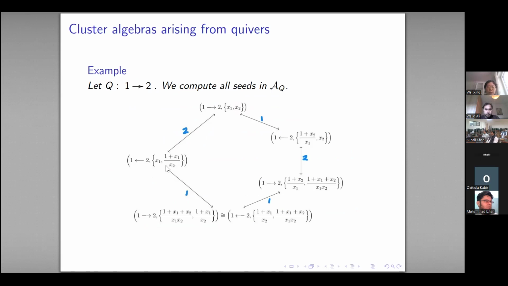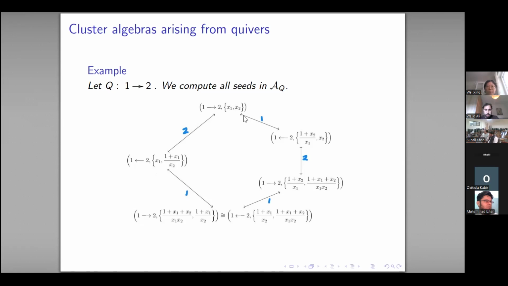And as we mentioned before, this mutation of seeds is also an involution. So if we mutate at 2 again, we'll go back to the original seed. So we mutate at 1. Then the consequence to the quiver is that the direction of the arrow gets reversed. And then we need to modify x1 in a similar way, by the mutation rule.